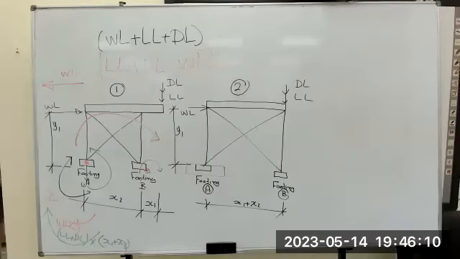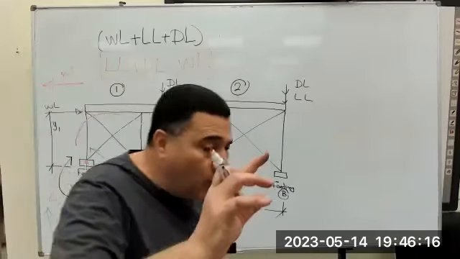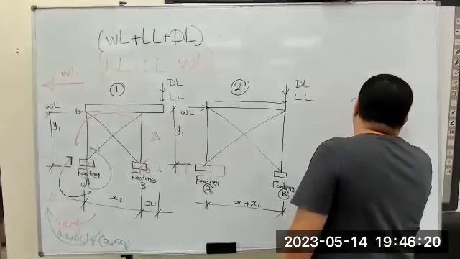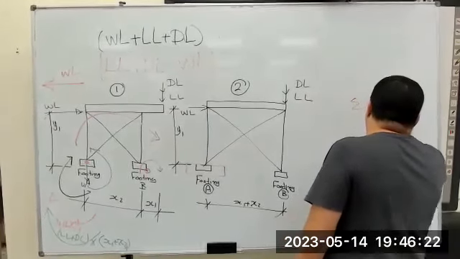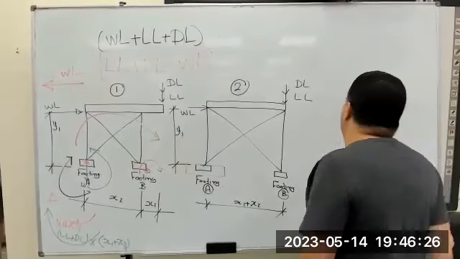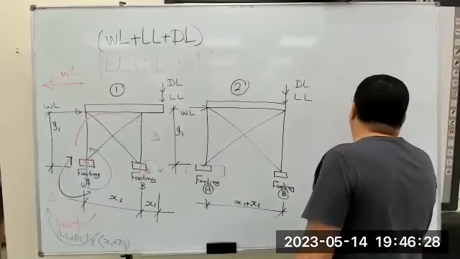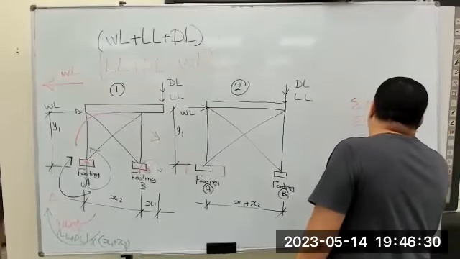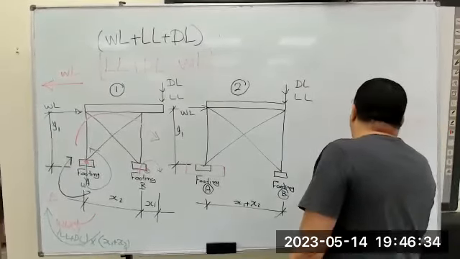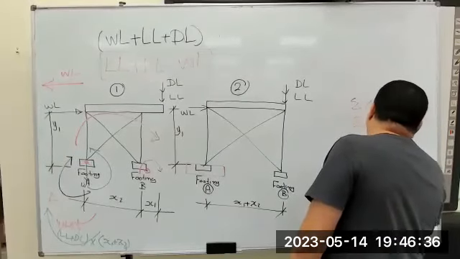In sigma x, the summation of forces in the x direction should be 0. Sigma x equals 0. That is the first principle. Second, sigma y means all the forces in the y direction should be 0. Third, sigma moment at any point of this system should be 0.